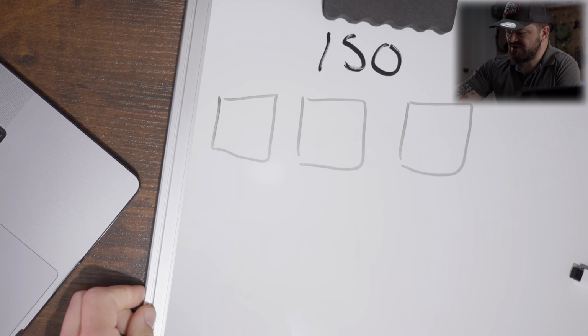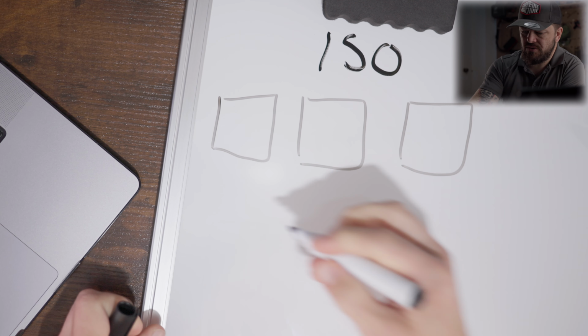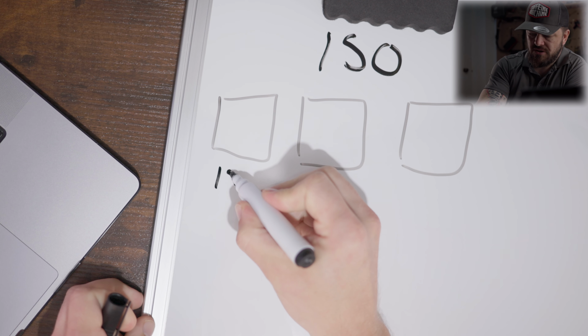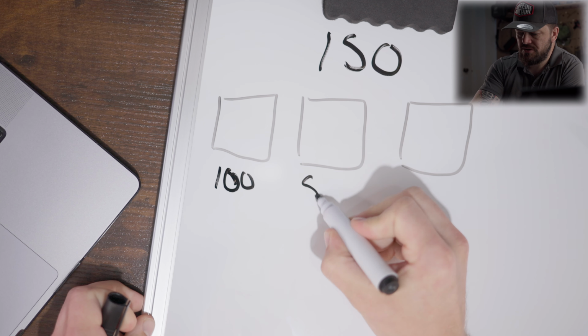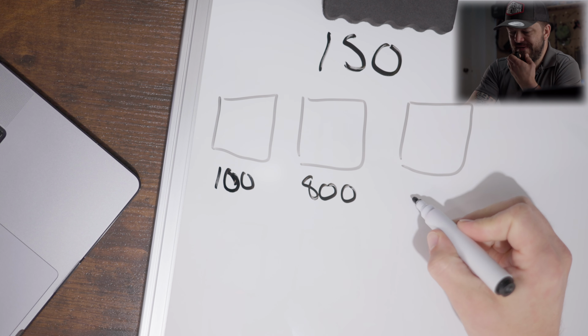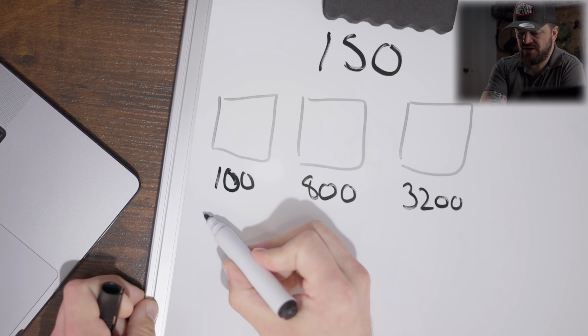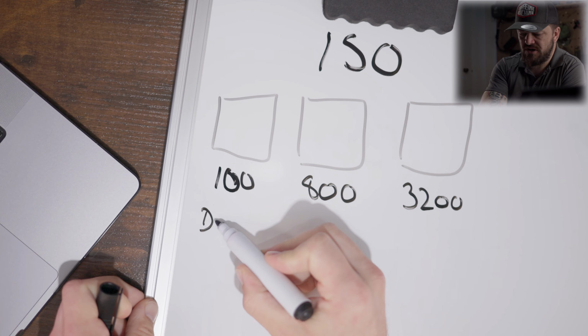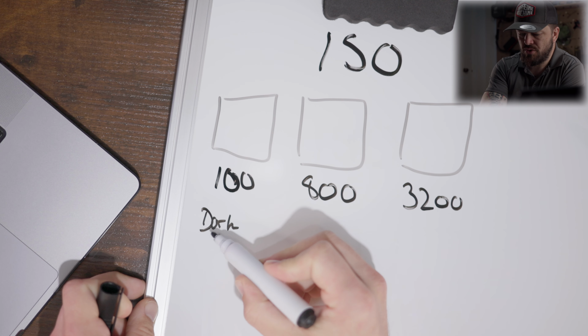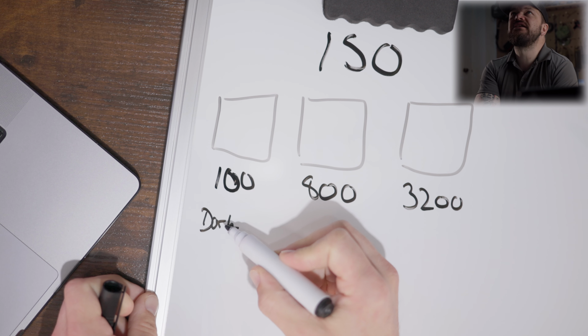This is going to be the three different stages. So let's say we've got 100 ISO, 800 ISO, 3200 ISO. So this would be dark, or letting in the least amount of light.